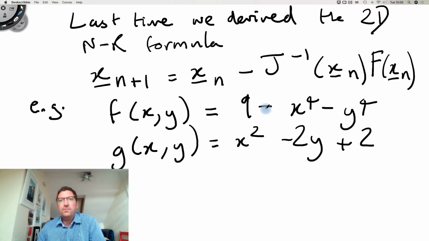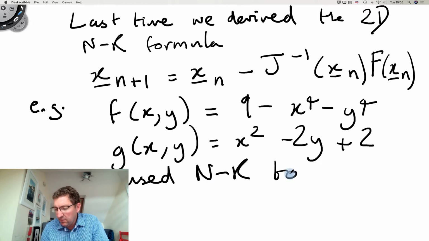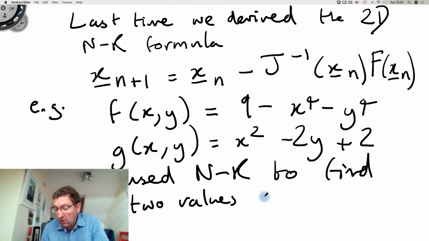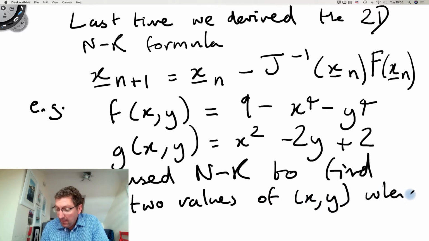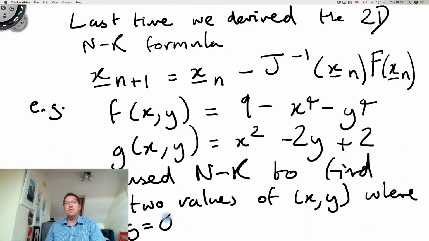And we want to find the points in x and y where both of these functions are 0. So we use Newton-Raphson to find the two values, because it's a 2D problem, of x and y where f and g are both 0.